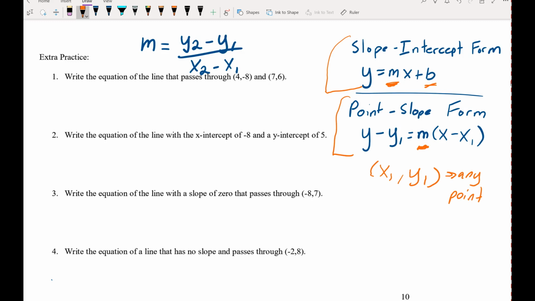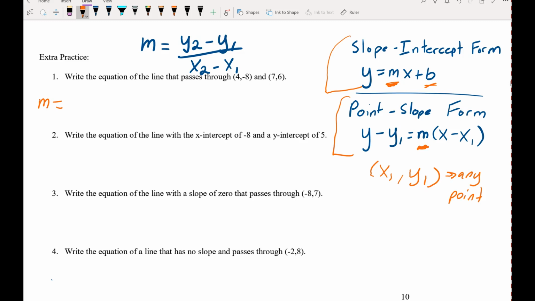So for something like number 1, write the equation of the line that passes through (4, -8) and (7, 6). Well, they don't give me the slope, and I know for both of these forms I'm going to need the slope. So the first thing I do is plug into the slope formula, which is the change in y over the change in x.